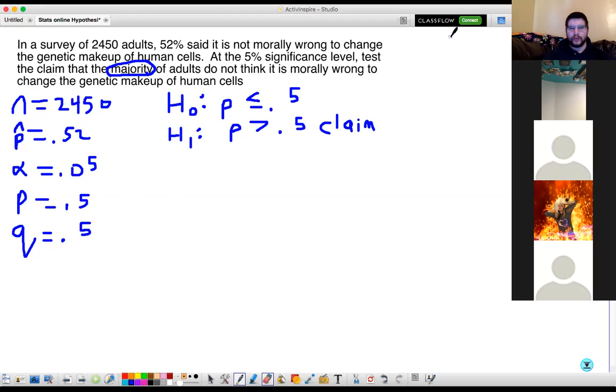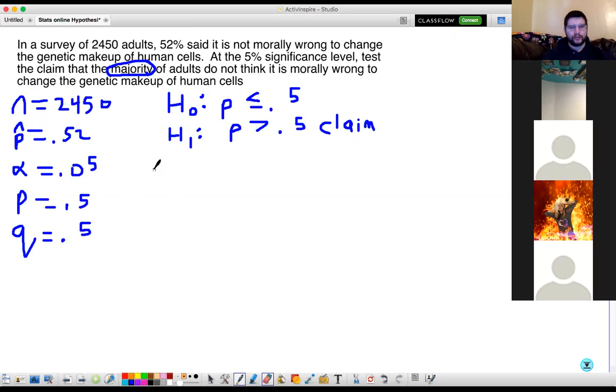Any questions? Okay. So yeah, read the problem, write down the information, make percentages decimals, and you're good to go.